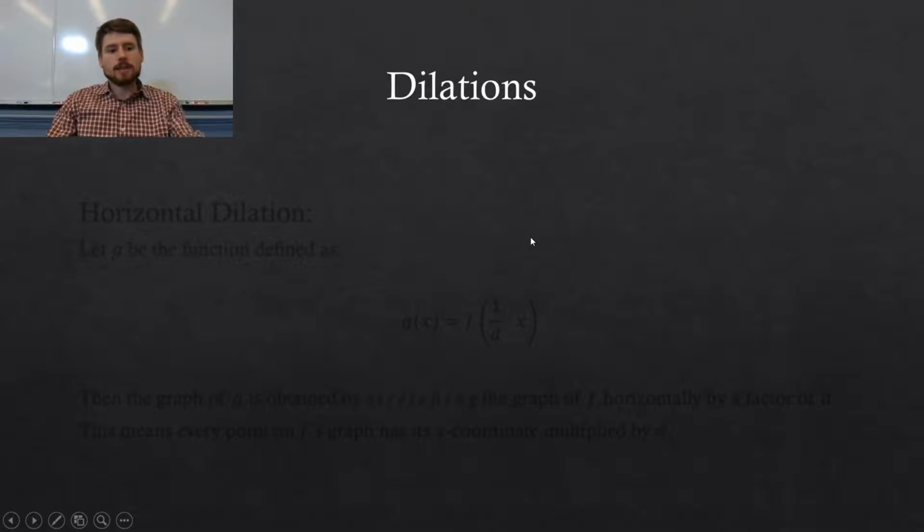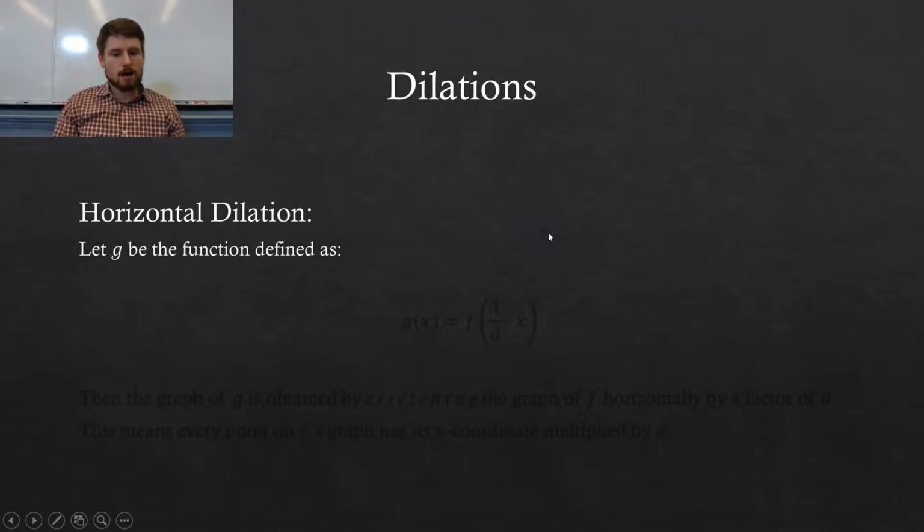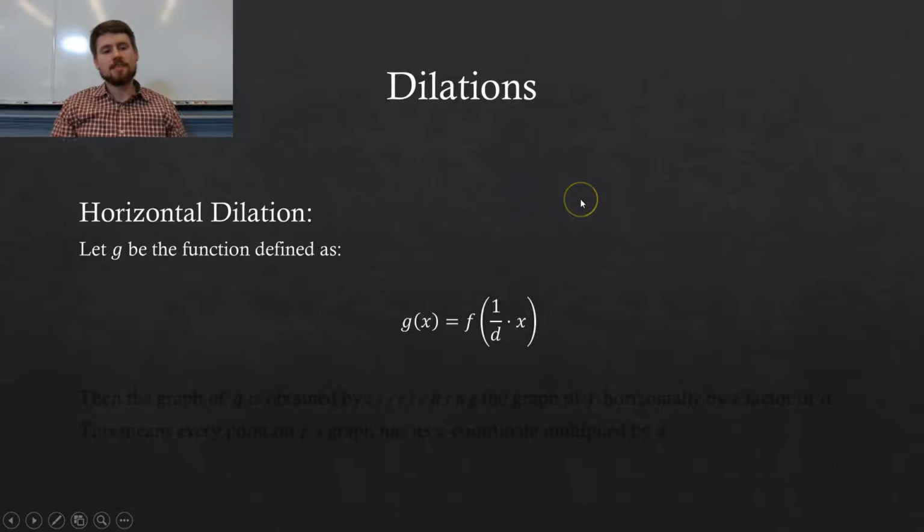So let's look at horizontal dilations. Horizontal dilations behave similarly to horizontal translations, in that the way it looks is the opposite of what you think it would be. So rather than multiplying by d on the inside, we actually divide by d, aka multiply by 1 over d.